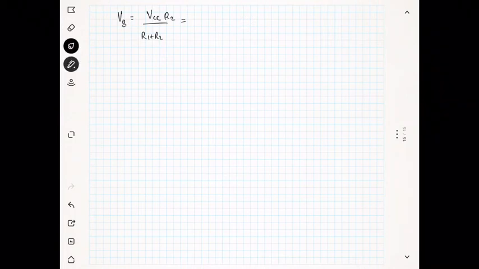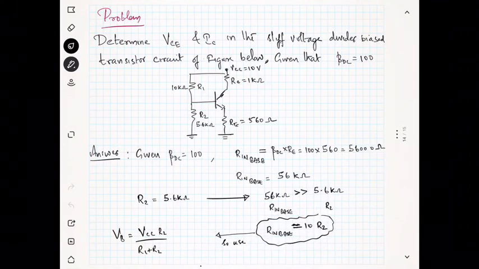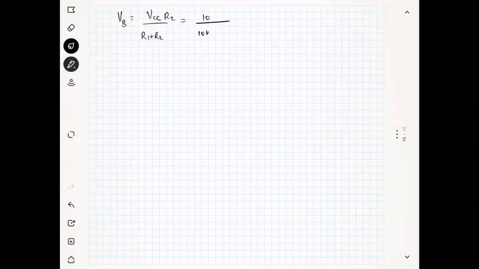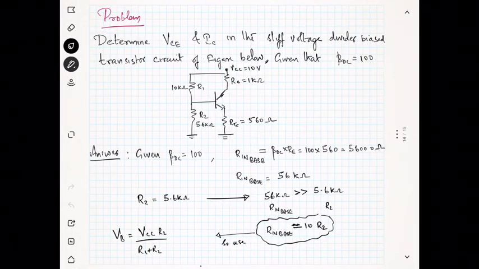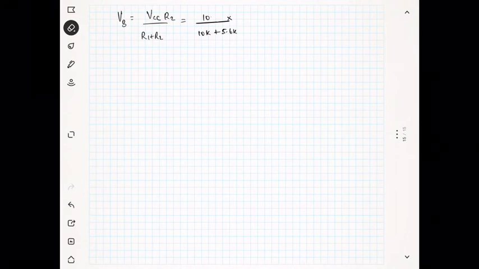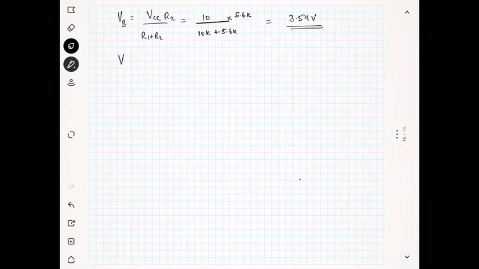VCC is 10 divided by R1 plus R2, where R1 is 10 kilo plus R2 is 5.6 kilo, into R2, which is 5.6 kilo. So this is equal to 3.59 volt.